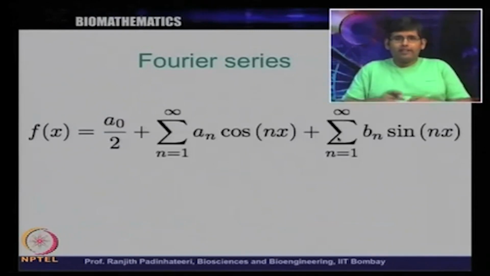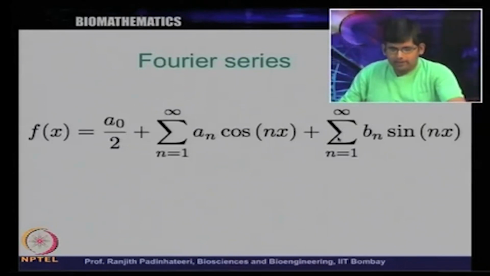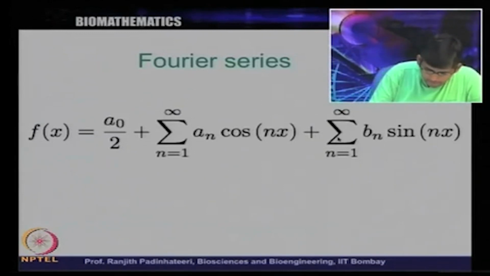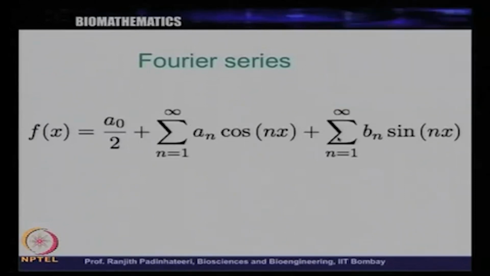There is some analogy with vectors. In the case of vectors, we wrote that A is a i plus b j plus c k.